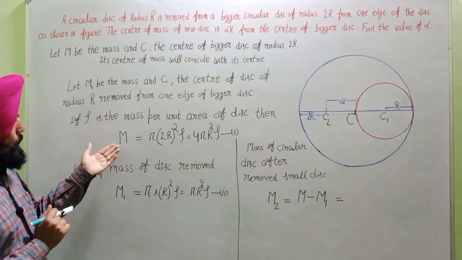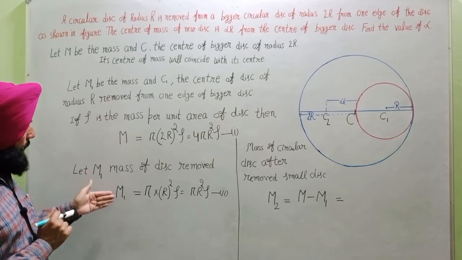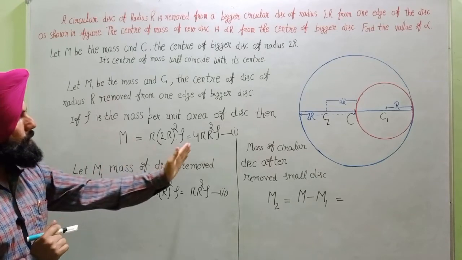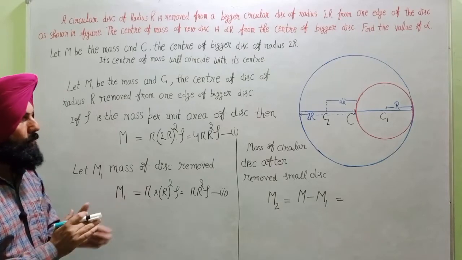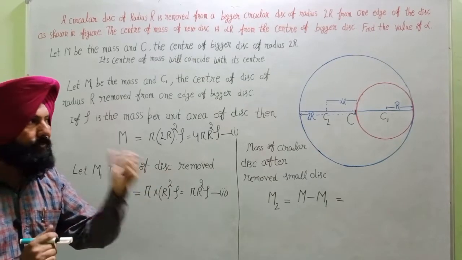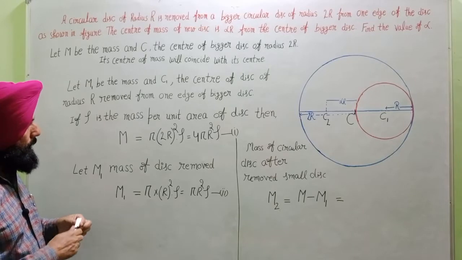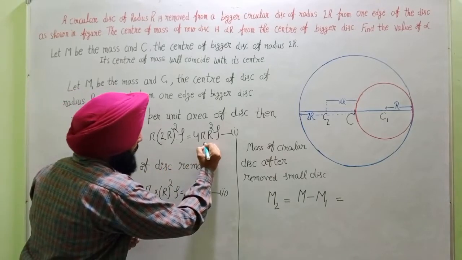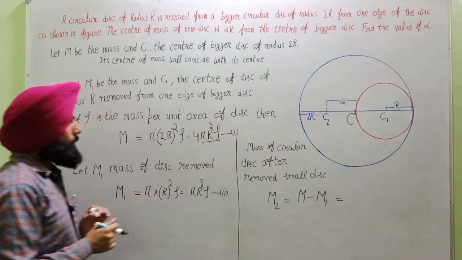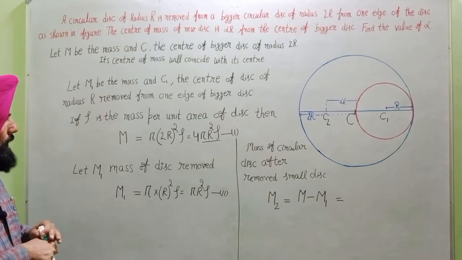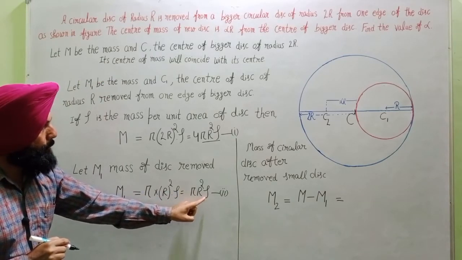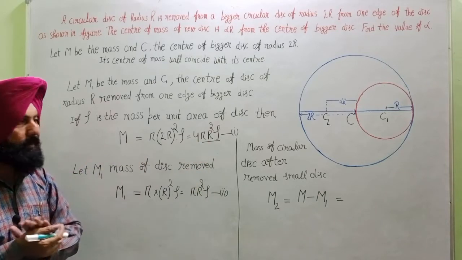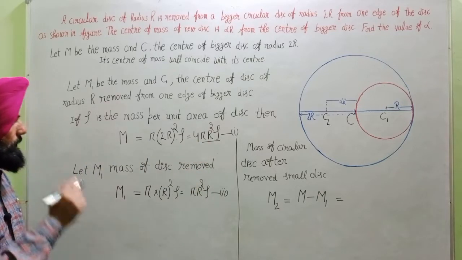Now we have two equations, M and M1. M is the mass of the bigger circular disk. M1 is the mass of the removed circular disk. Put the value of pi R square into rho in equation number 1.